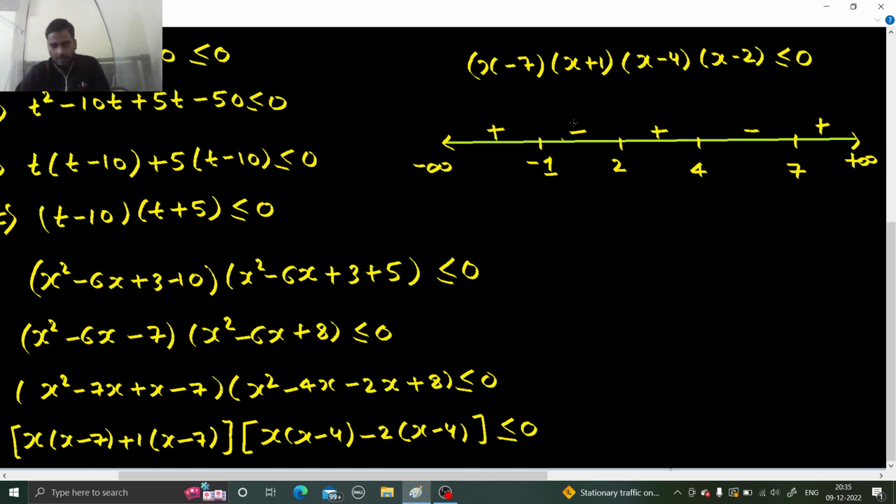Okay. Now I have no problem, because if you put 8, 8 minus 7 is 1, 1 into 9. Positive till now. 8 minus 4 is 4, again a positive thing, and 8 minus 2 is 6. All brackets are giving positive. Again, are we facing any problem?